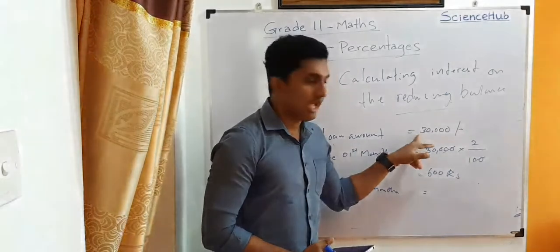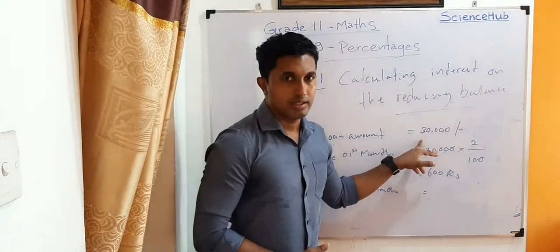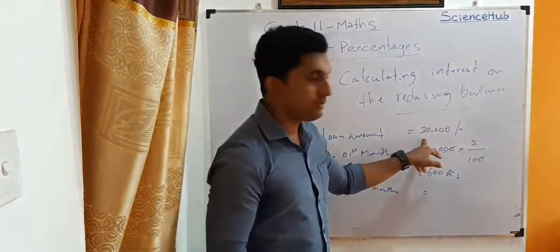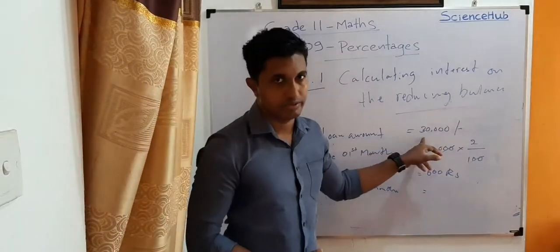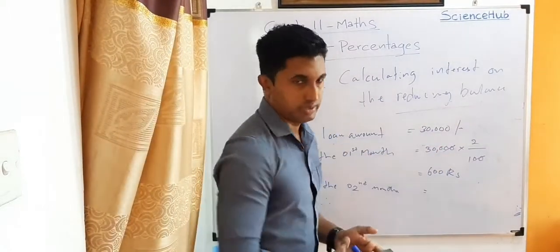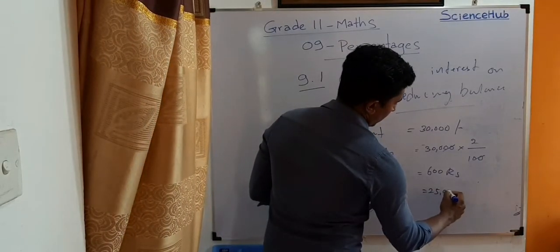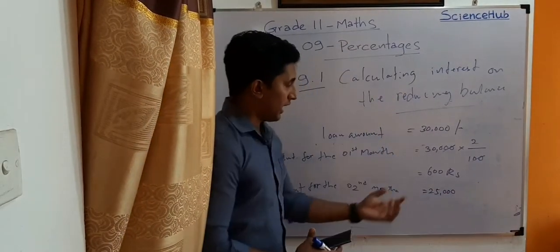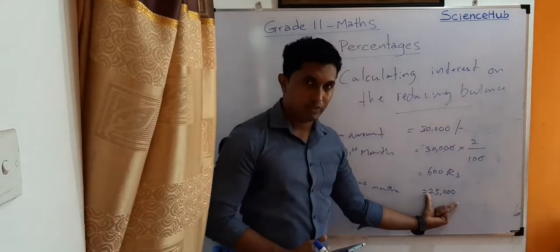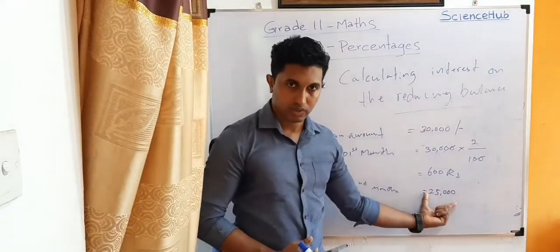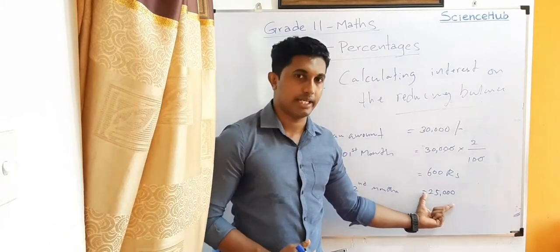Therefore we have to subtract 5,000 from this 30,000, then it should be equal to 25,000. This is the capital for the second month.